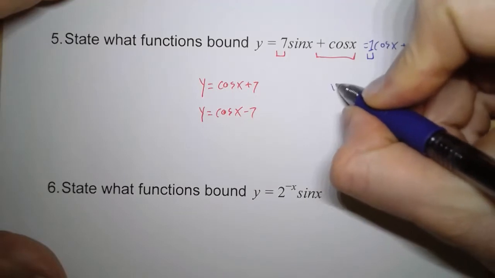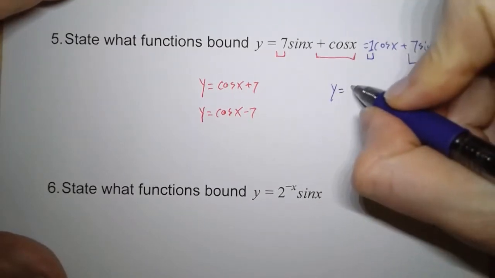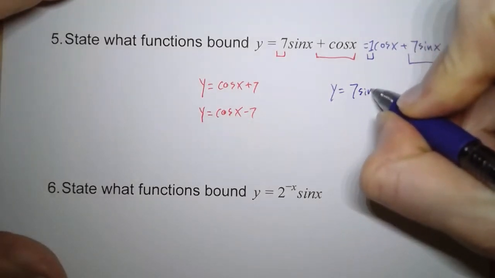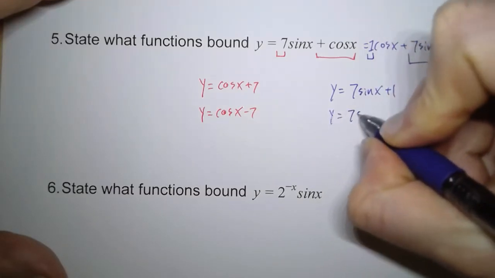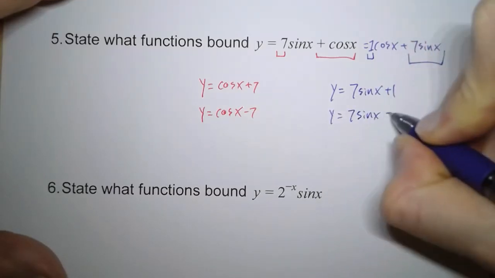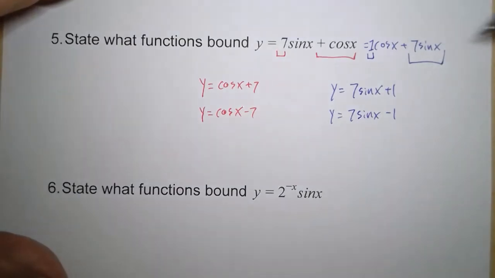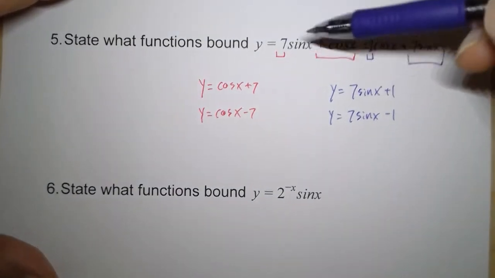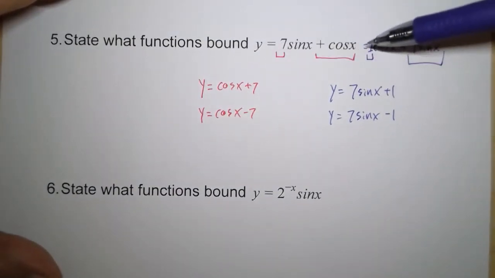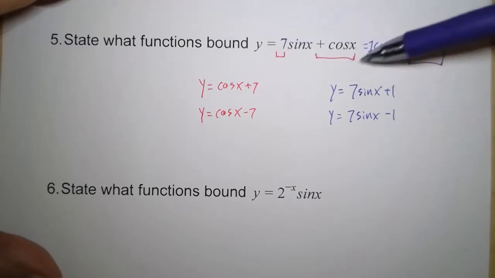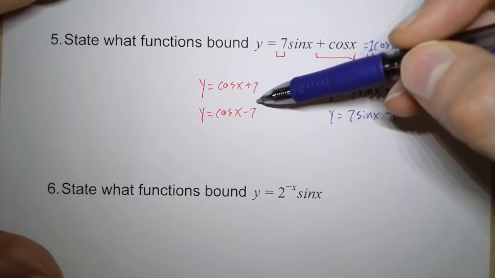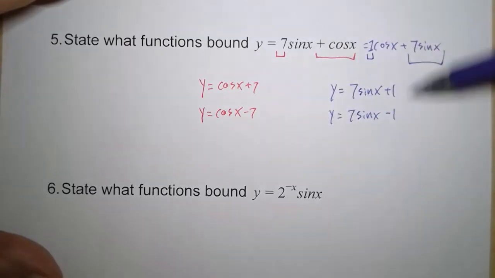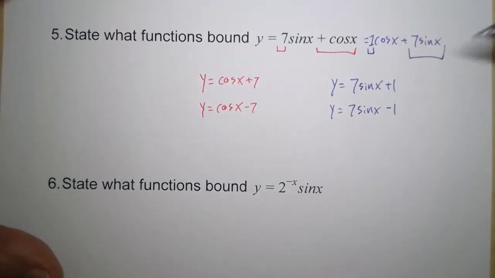So actually, I could also treat this as my set of boundaries: 7 sine of x plus 1 and 7 sine of x minus 1. I actually have two sets of boundaries here, and both of them fit this one function. So if you want to graph this, graph these two boundaries first, and you'll see that it fits between them. And then graph this with these two, and you'll see that it fits between those as well.